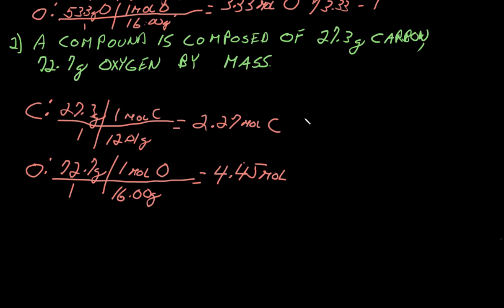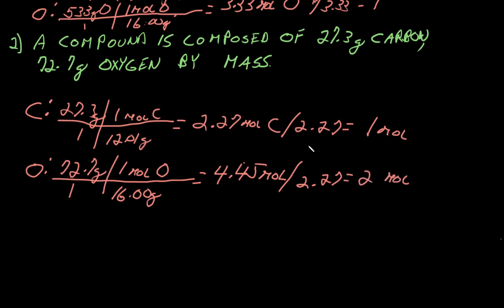So if we divide that by itself, 2.27 divided by 2.27, we see we have 1 mole of carbon. And we divide this one by 2.27. This will give us 2 moles.